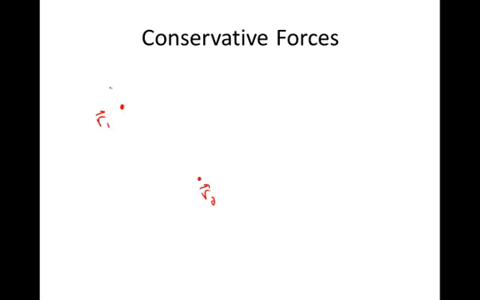The work done in moving a particle from one point to the other, if it only depends on the two endpoints, then we can refer to it as a conservative force. So if the work done going between those 2 points only depends on R1 and R2, that's a conservative force.